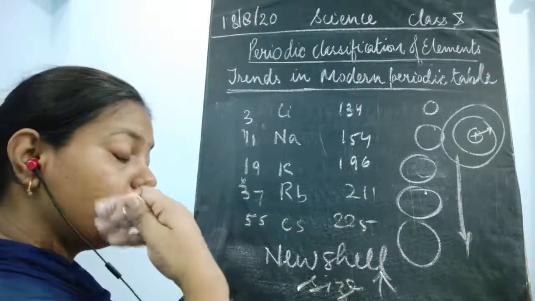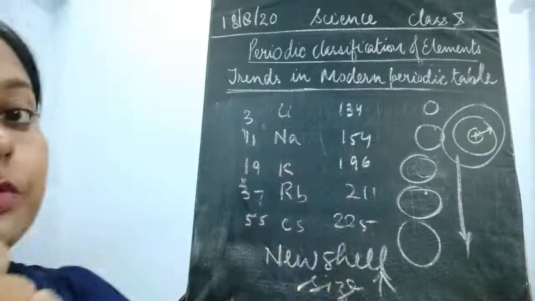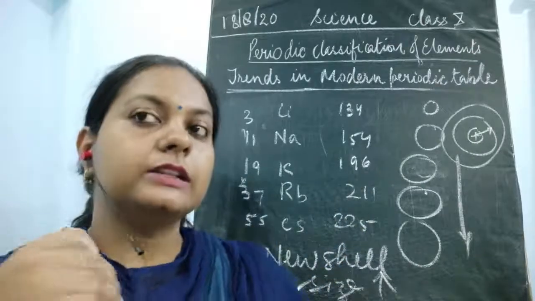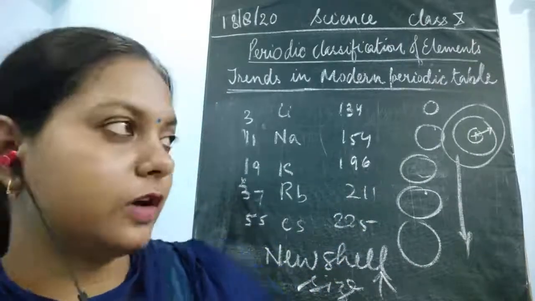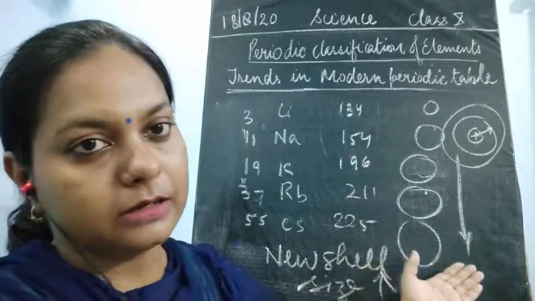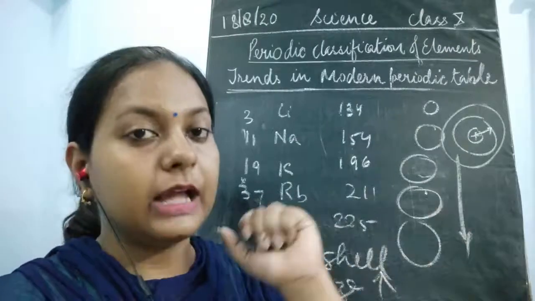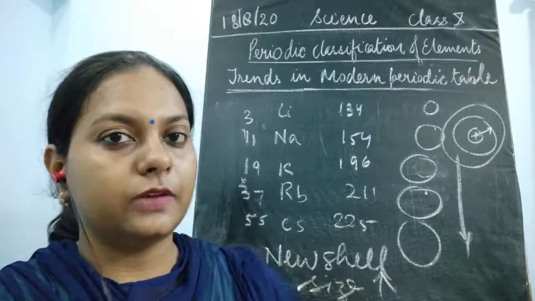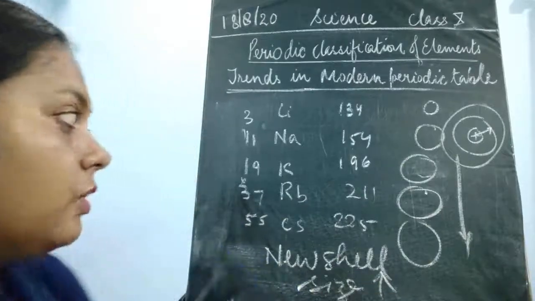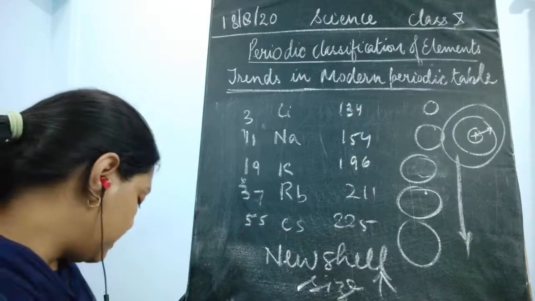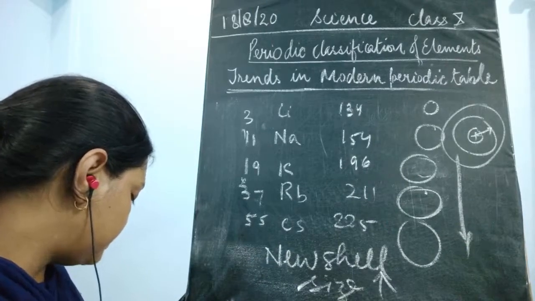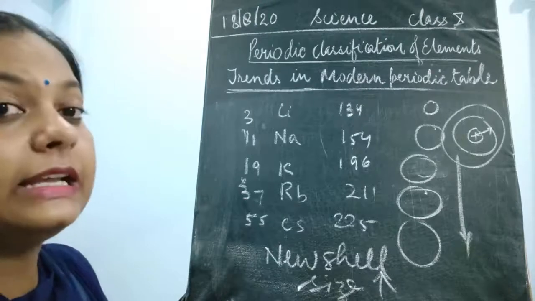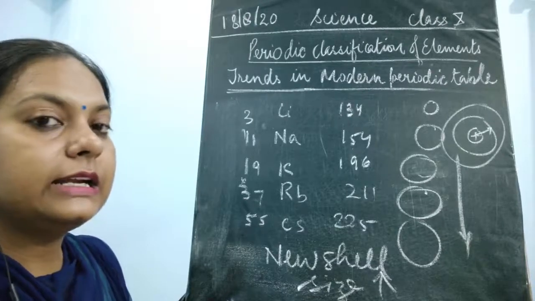The charge in the center is not going to affect the electrons revolving because a new shell is added here. So the distance between the center of the nucleus and the revolving electrons is increased. So the size of the atom gets increased, not reduced.